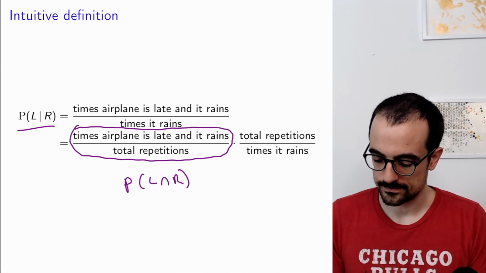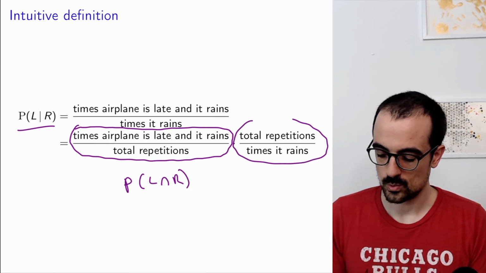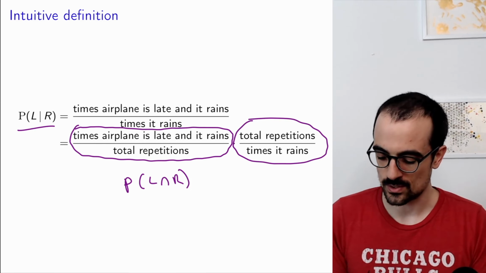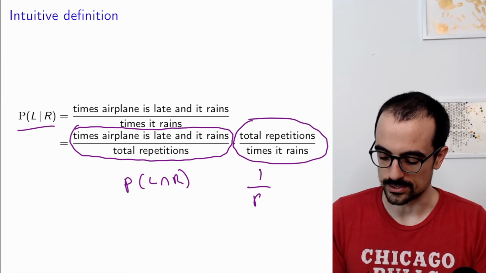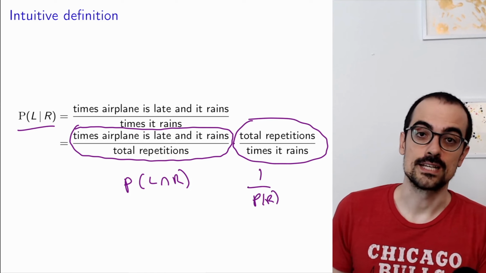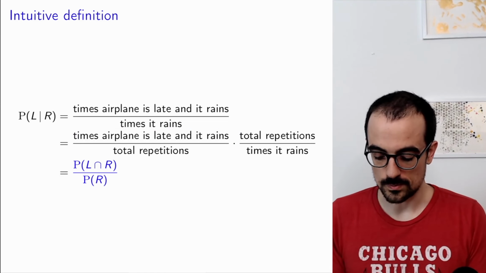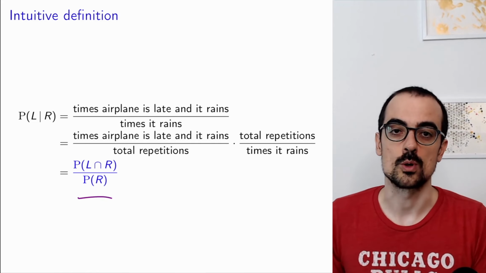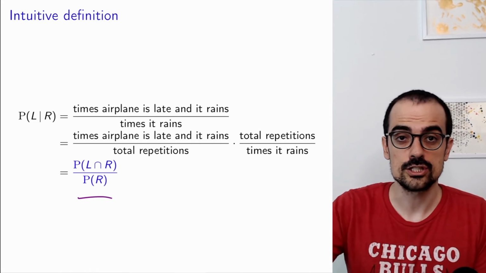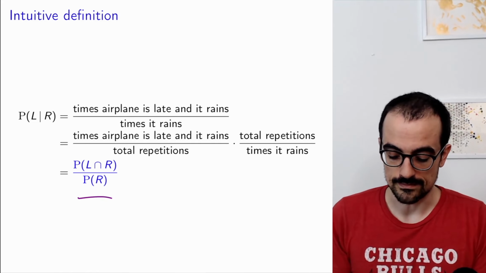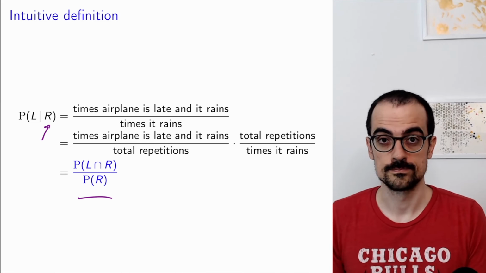And what about this guy? Well, this guy, if you realize, is just 1 over the probability of R, because the probability of R is the fraction of times that it rains. So intuitively, this seems to be a reasonable definition for conditional probability. The probability of the intersection divided by the probability of the event that we're conditioning on.